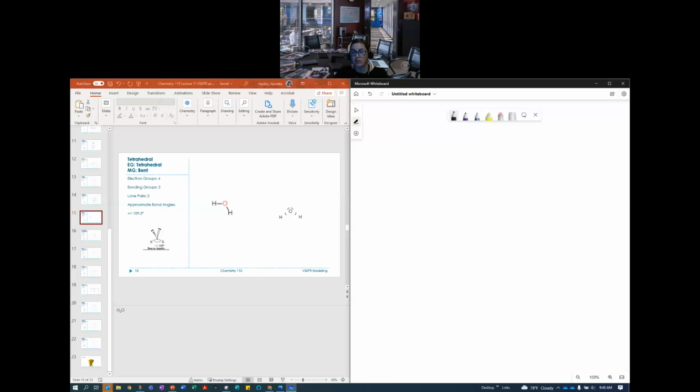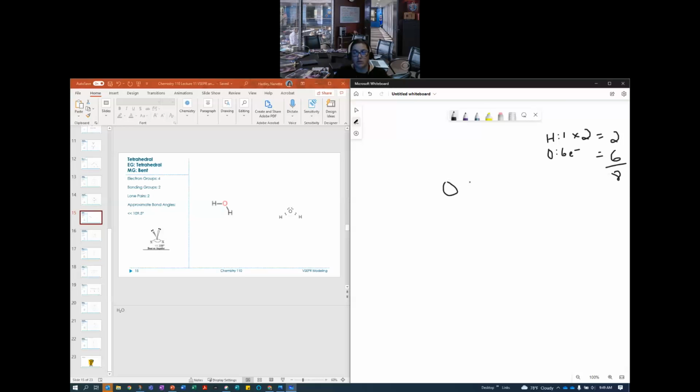And we're going to go ahead and draw the water structure here. So each of our hydrogens has 1 electron. There are 2 of them, so that gives me a total of 2. My oxygen has 6 electrons, and that means I have a total of 8 after I add the 6 and the 2.